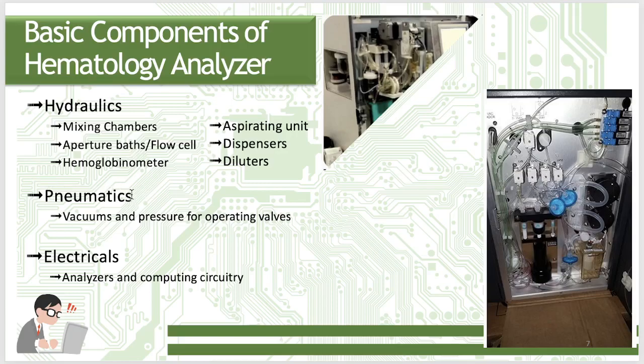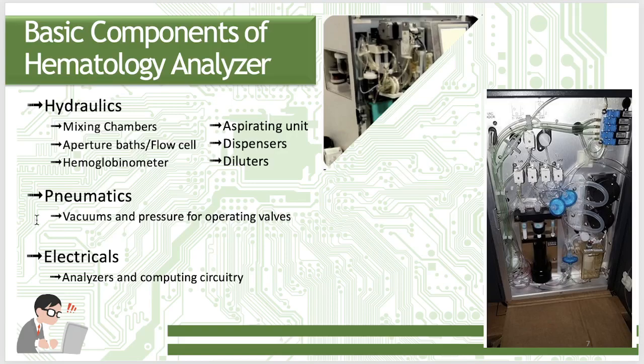And then, we have your pneumatics. Yung pneumatics, these are systems that generate a vacuum and pressures that are required for operating the valves as well as opening or moving the sample through your hydraulics system. Yung electricals naman, this controls the operational sequences of the total system and includes your electronic analyzers and computing circuitry for processing the data generated.